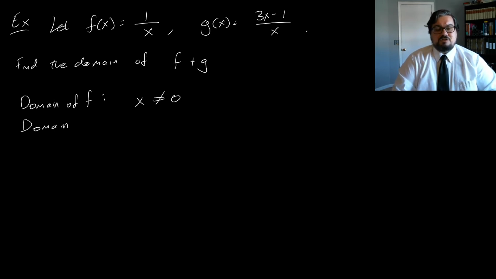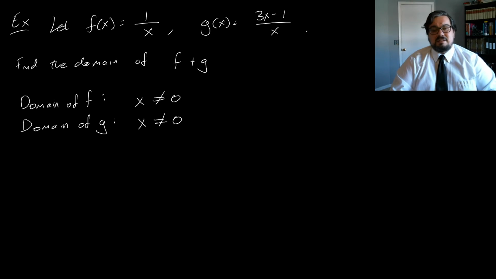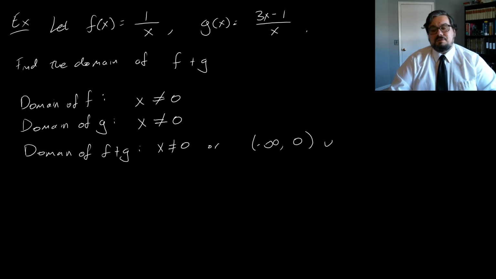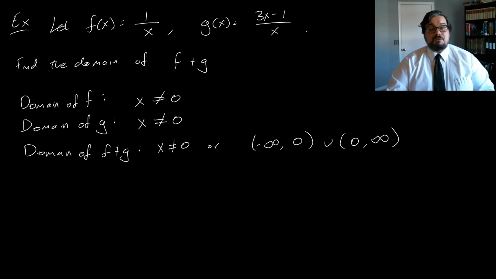And that's the condition for the domain of f. The domain of g is actually the same because g also has an x in a denominator. So the domain of f is all real numbers except 0. The domain of g is all real numbers except 0. And so the domain of f plus g is the set of all numbers other than 0. Or we could write it in interval notation as the interval from negative infinity to 0 union the interval from 0 to infinity.